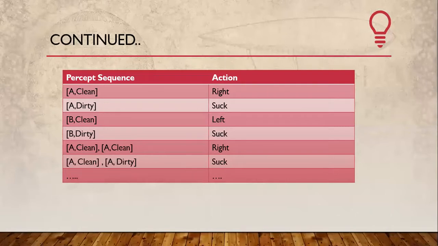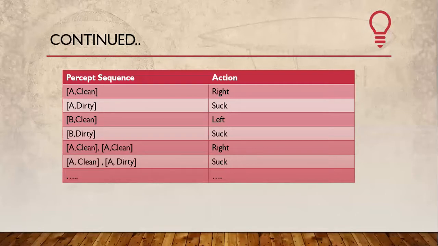Then when it has moved ahead, it found that that portion is dirty, so the action is suck. Now let's say it has moved to B and found it clean, then the action is move left. And again, going forward, it has moved in B and found dirty, then the action is suck. Now this is where the percept sequence plays a role.